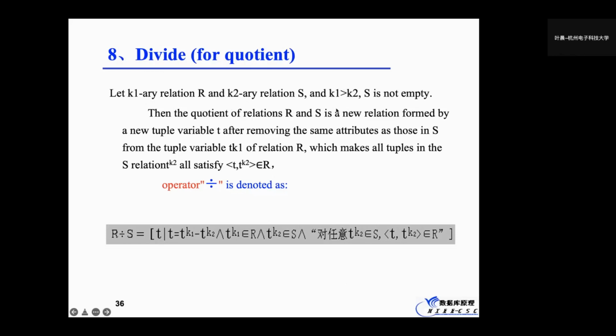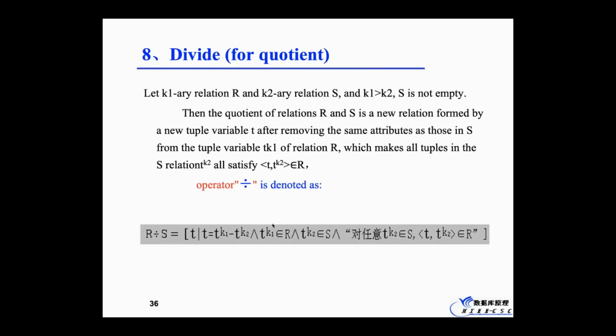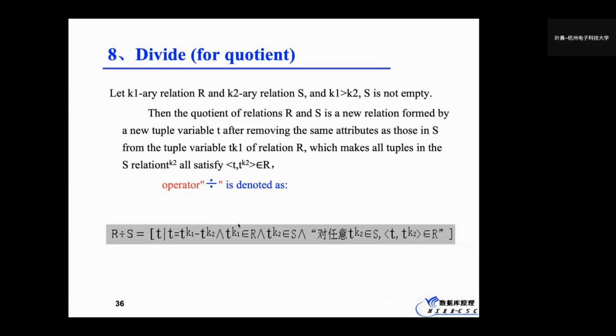Then the quotient of relations R and S is a new relation formed by new tuples t after removing the same attributes as those in S from the tuples tk1 of relation R, which makes all tuples tk2 in the S relation satisfy tk2 belonging to R.